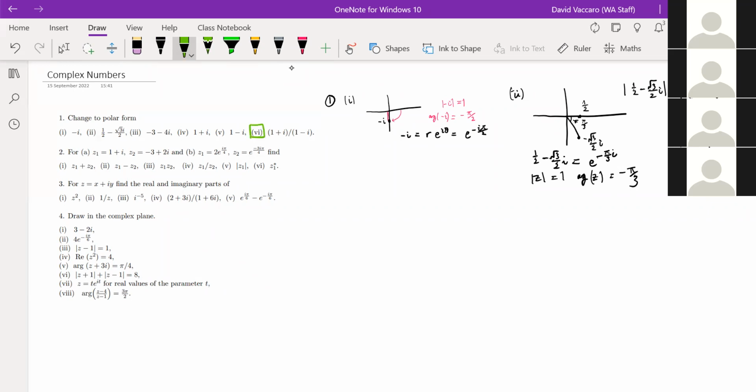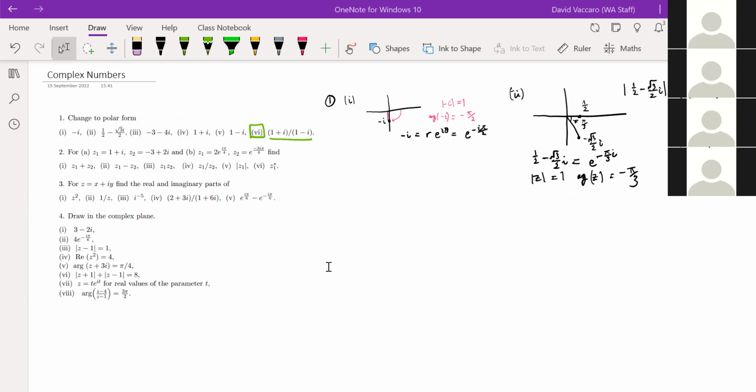Question number 6. 1 plus i divided by 1 minus i. Does anyone want to suggest 2 possible methods of finding the modulus and argument of this complex number?